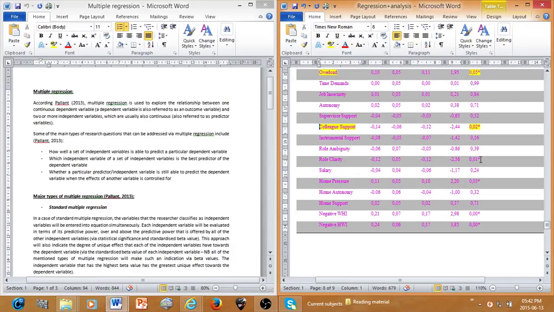Okay, the next value, also role clarity. Remember, we're marking these as statistically significant because they have p-values equal to or less than 0.05, but I believe in this case the author also used a star or an asterisk to mark the variables that are statistically significant.